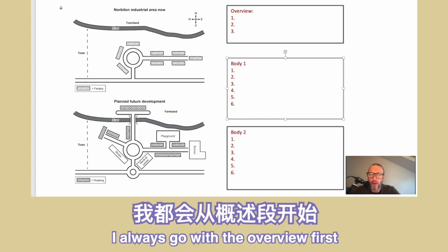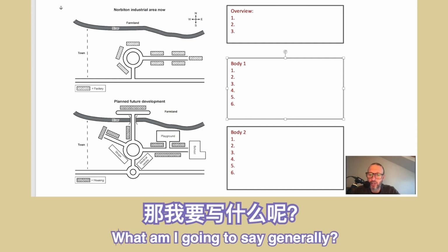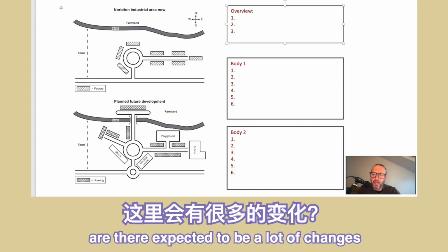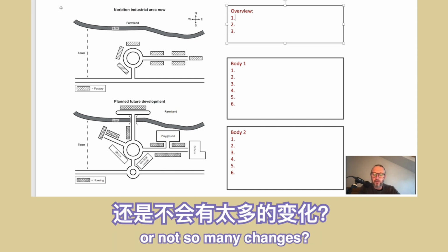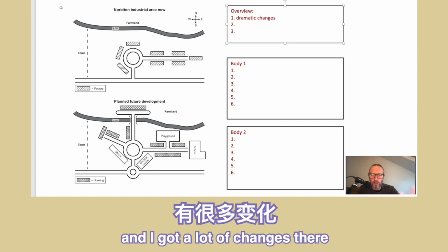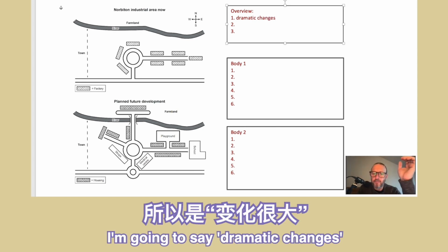Whenever I start with a map, I always go with the overview first. What am I going to say generally? And the first thing I always ask myself, are there expected to be a lot of changes or not so many changes? And here I'm going to say dramatic changes. I just look at the map quickly and I go, a lot of changes there. I'm going to say a lot of dramatic changes.